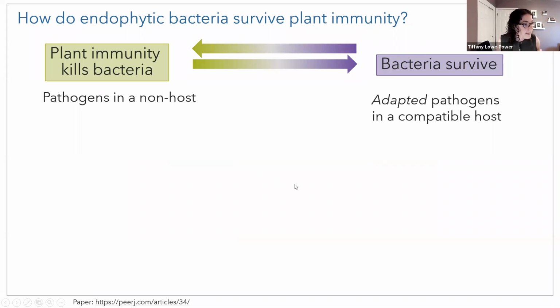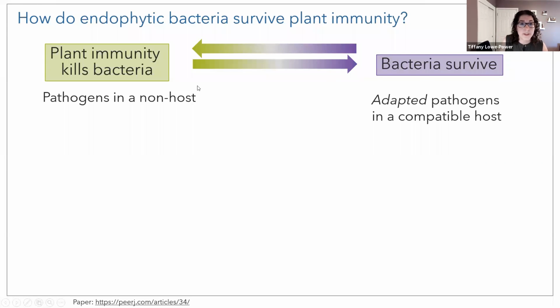Okay, so in this final section, I'm going to talk about some general strategies that bacteria have for surviving plant immunity. Because once they get in the plant, the other thing that influences whether they're successful and cause disease, or just successful and grow without causing disease, is whether they're able to circumvent plant immunity, because plants are not defenseless.